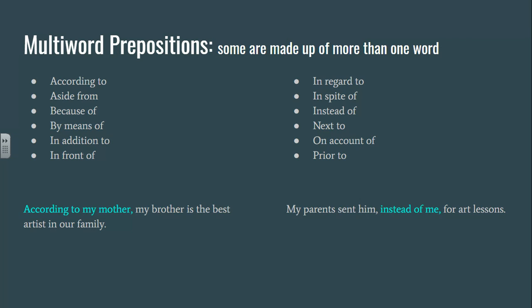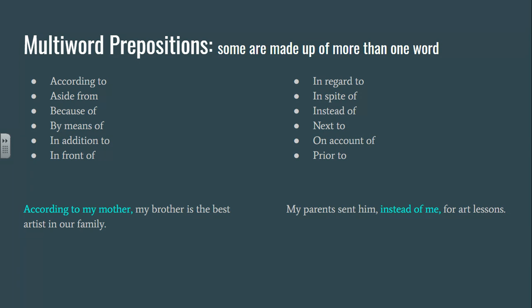Page 124 also talks about how there are some multi-word prepositions that are made up of more than one word. Like according to is a preposition, so both words together are acting like the preposition. Some even have three words, like in addition to. Those three words together are the preposition.